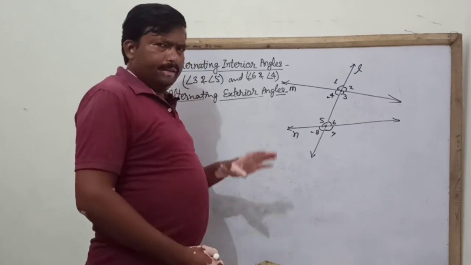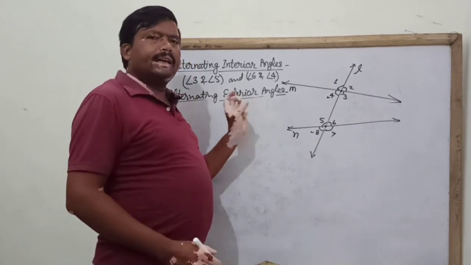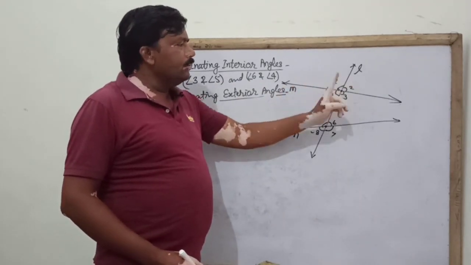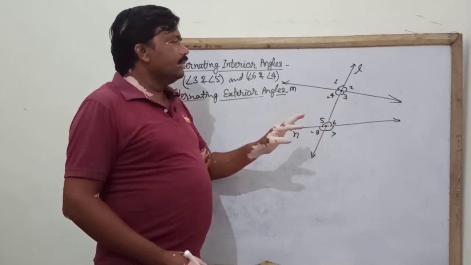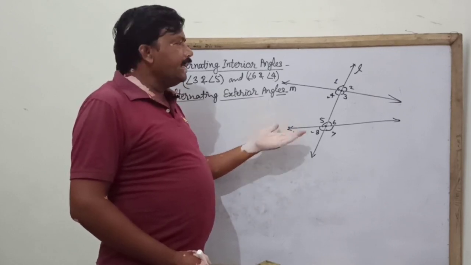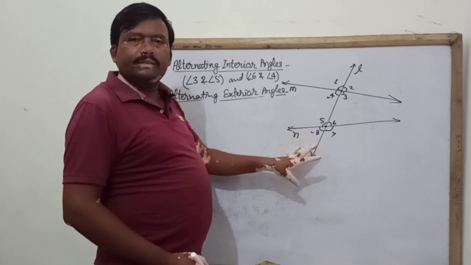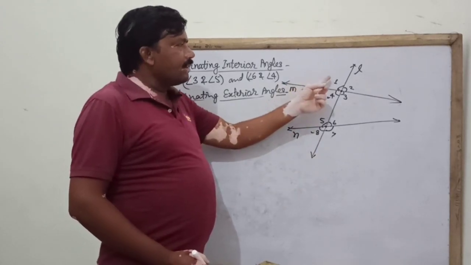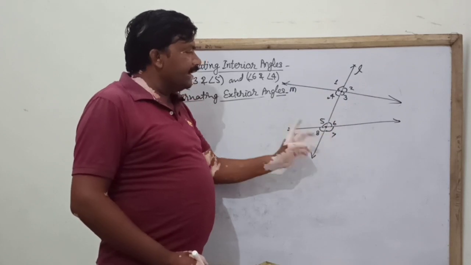As we have found, the exterior angles are 1, 2, 7, 8. The angles which are lying outside these two lines are called exterior angles. So exterior angles are 1, 2, 7, 8.